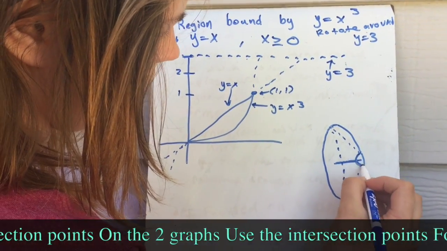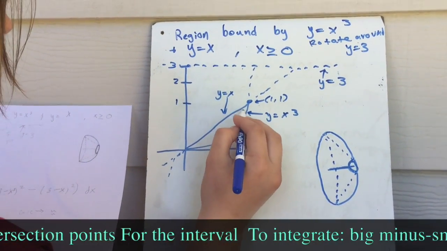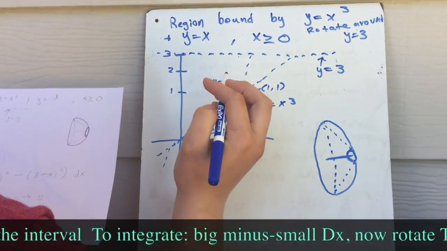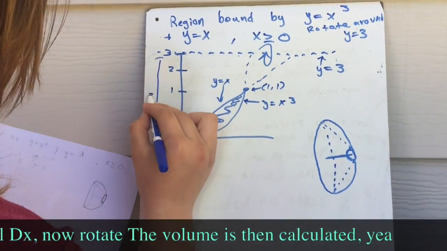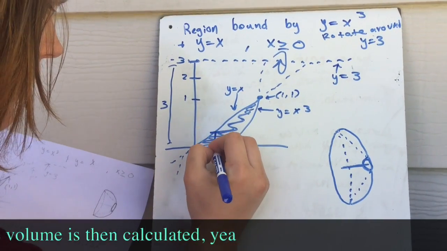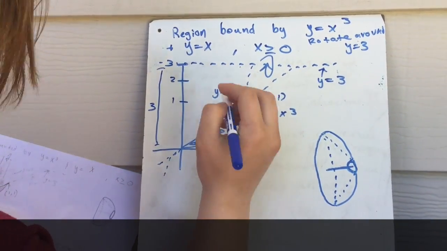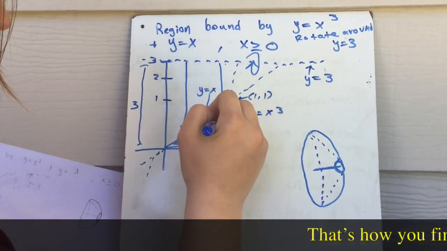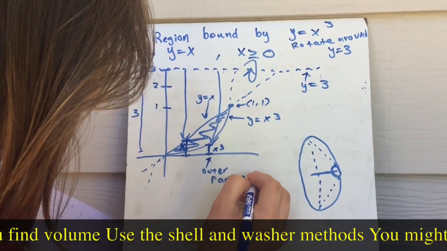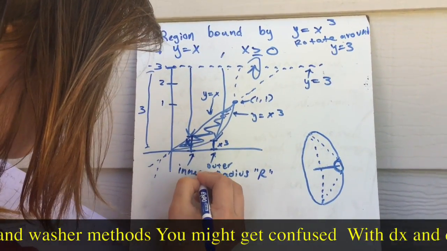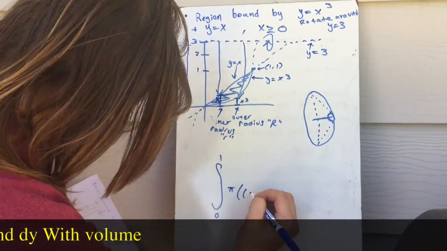Use the intersection points. Form the interval to integrate big minus small. Now rotate. The volume is then calculated. Yeah, that's how you find the volume. Shell and washer methods. You might get confused. The x and y volume.